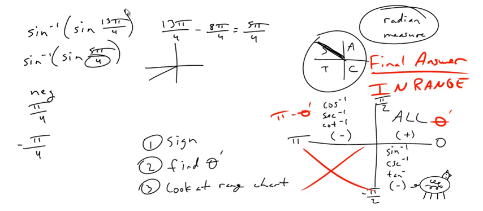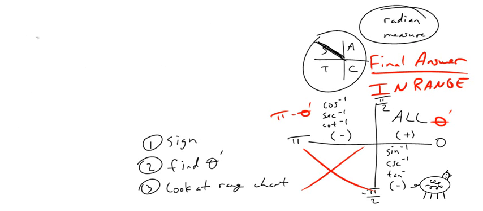Let's try another one here. How about inverse secant of the secant of 5 pi over 3?